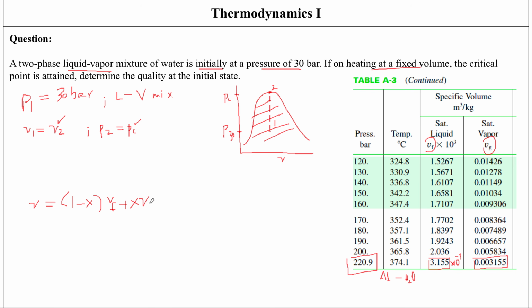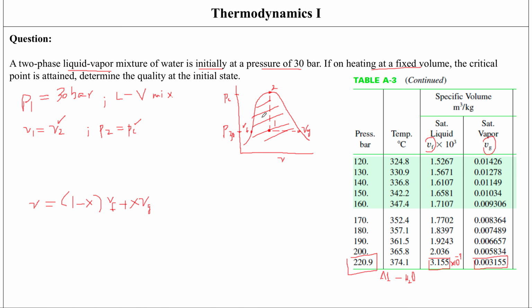This is the formula that we usually apply, right? Because when we're at state 1 over here, Vf is at this point, and Vg is at this point.